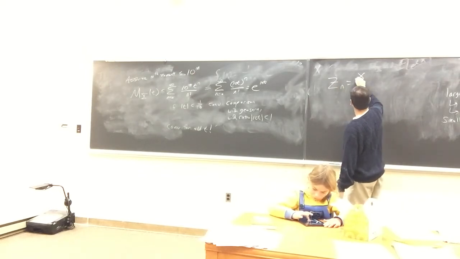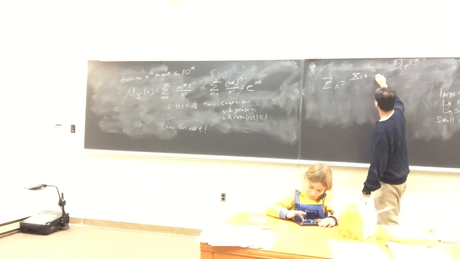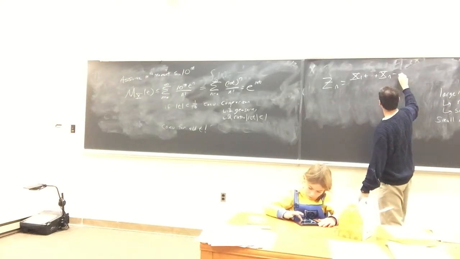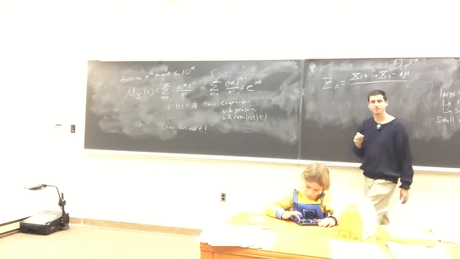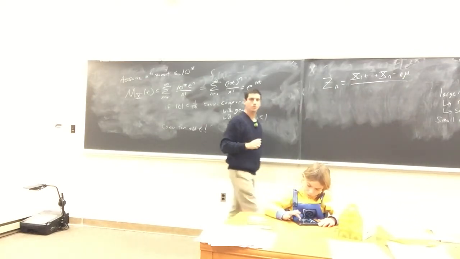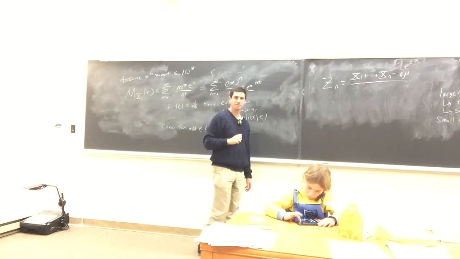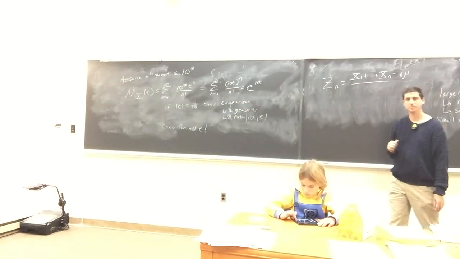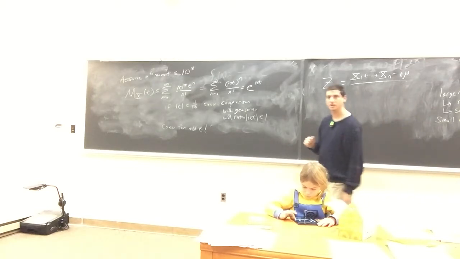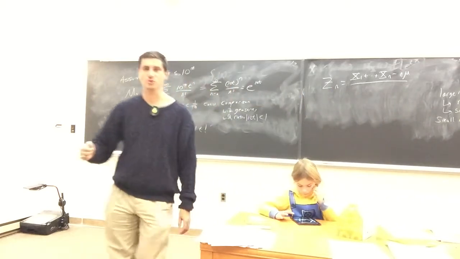Zn was x1 plus xn minus n times the mean, divided by what? Standard deviation times square root of n.